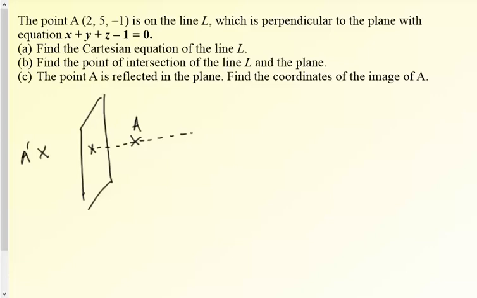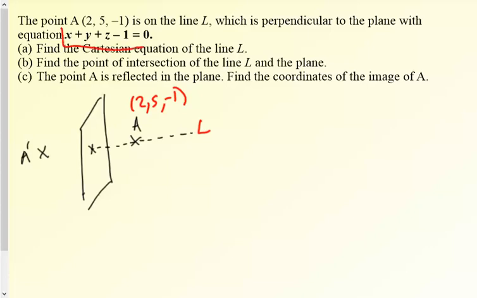Right then, so the first part of this is we've got to find the equation of the line, the Cartesian form. So what is the line? Well, the line L, as we're given there, goes through this point (2, 5, -1), and it's perpendicular to the plane.